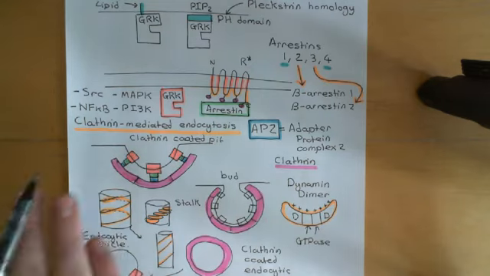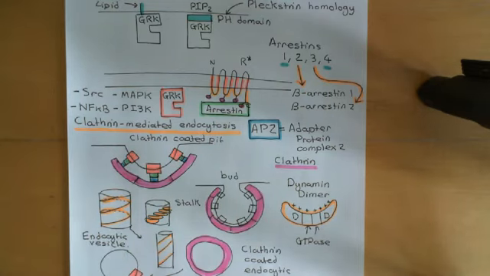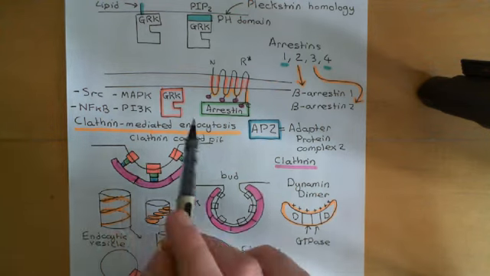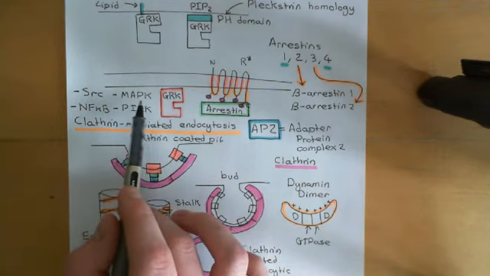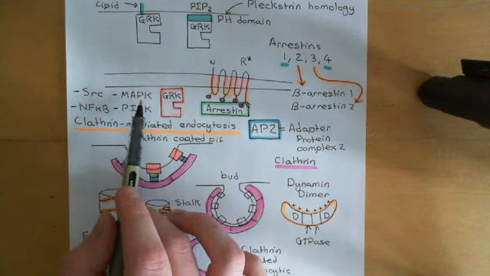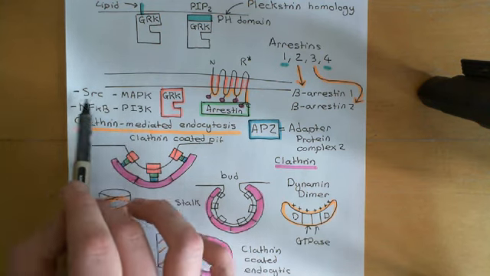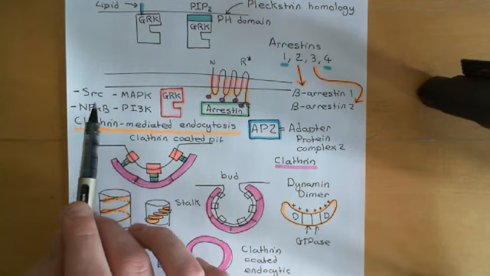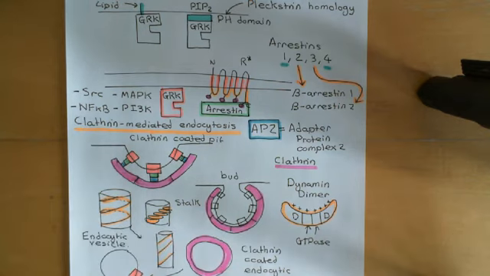These molecules are usually associated with very different receptors to G protein coupled receptors. You don't usually associate, for instance, MAP kinase with G protein coupled receptors or PI3 kinase, or in fact any of these. But these can be activated by arrestins once they have bound to G protein coupled receptors. So this is one of these paradigm shifts that is occurring.